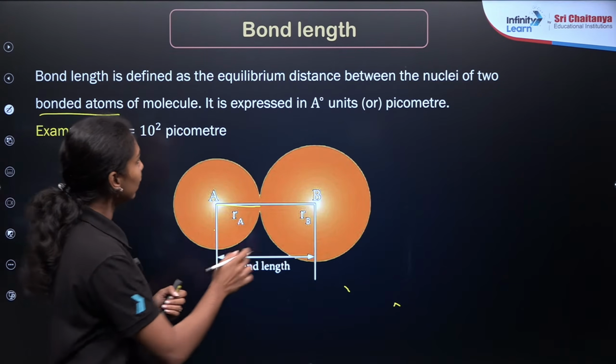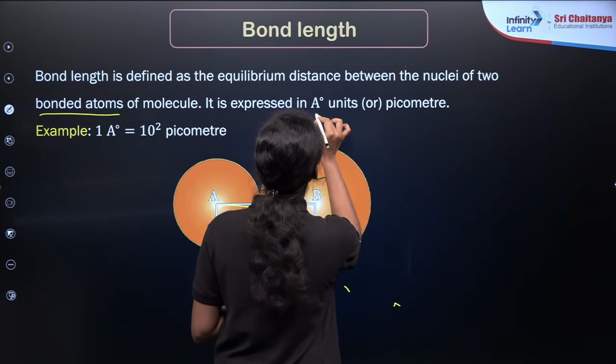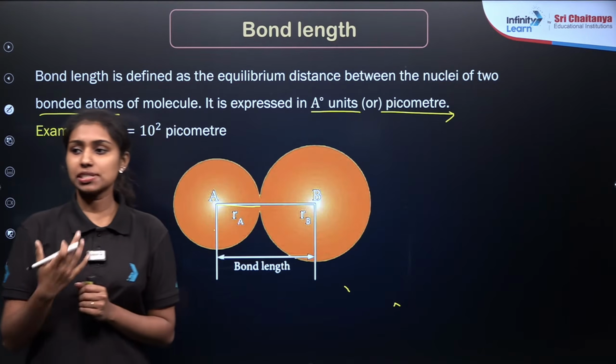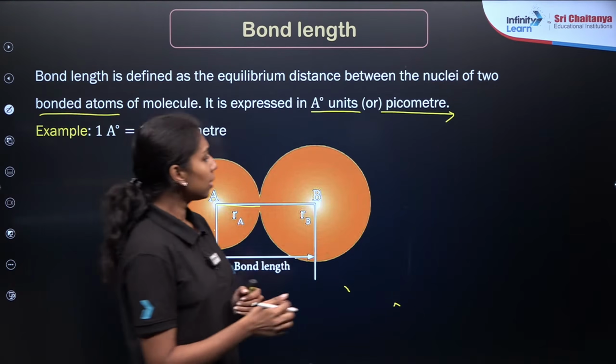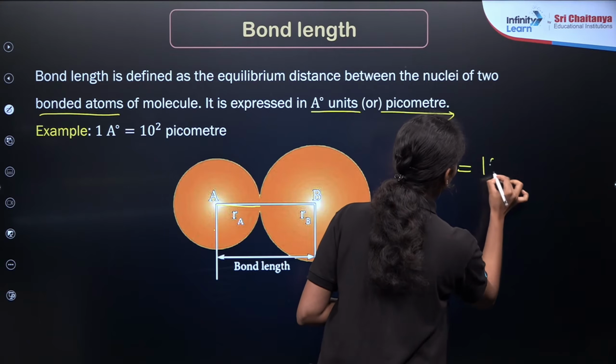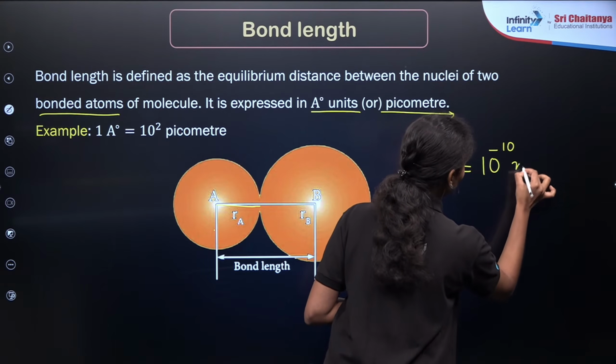It is generally expressed in angstrom units. You must have studied in the physics chapters, what is the unit of distance? Angstrom is equal to 10 to the power minus 10 meters.